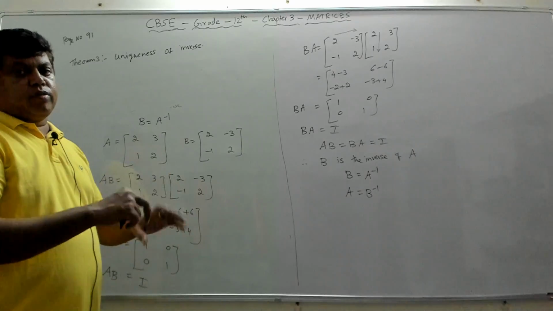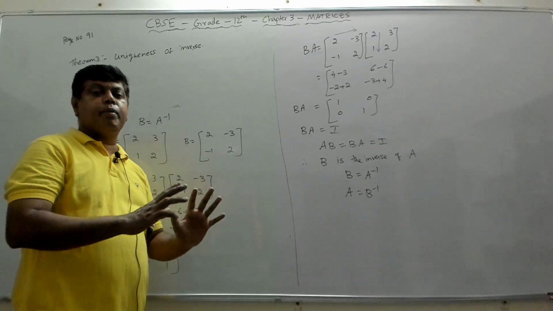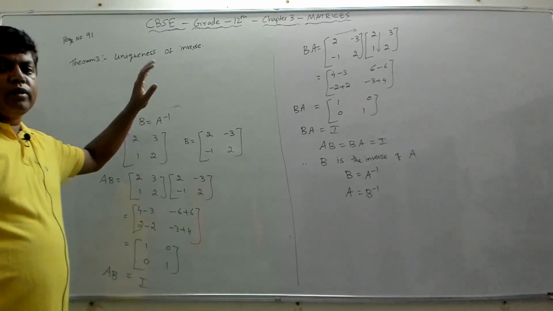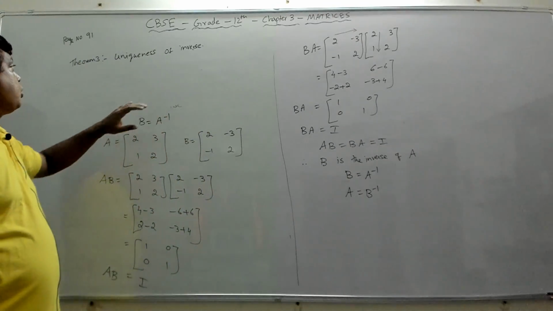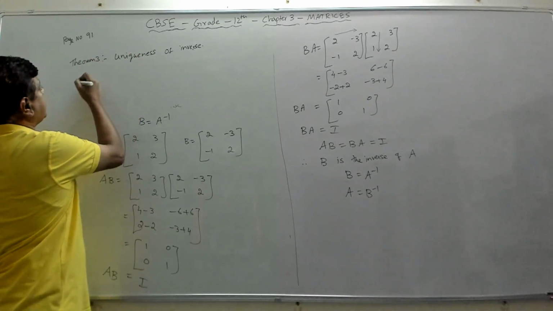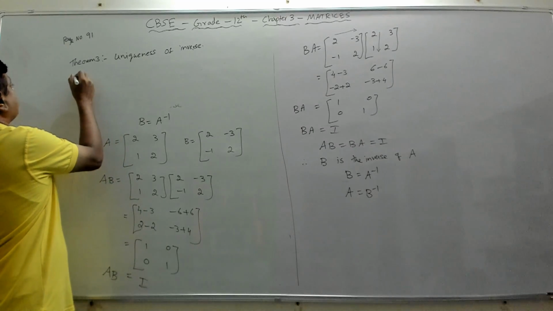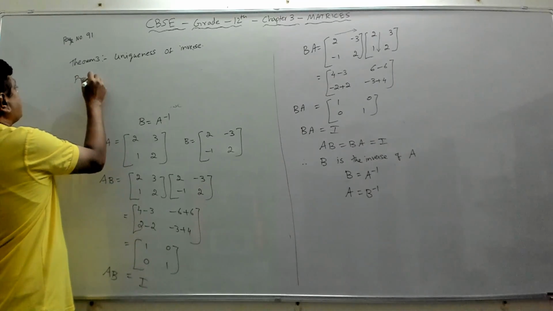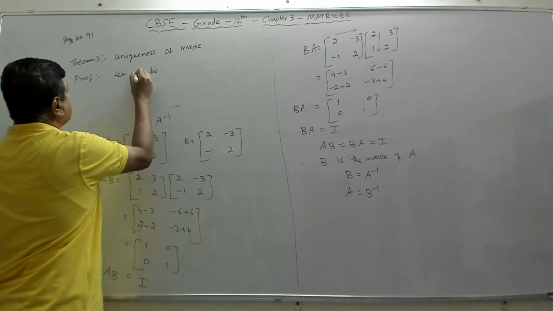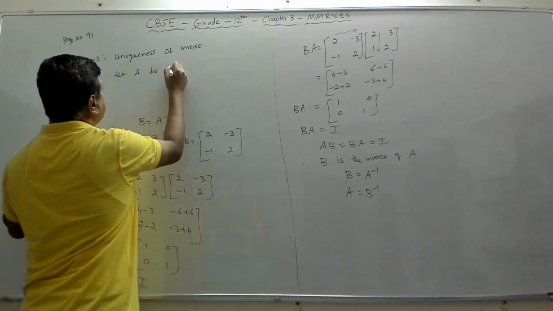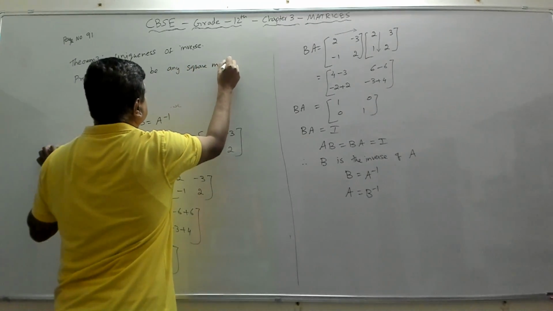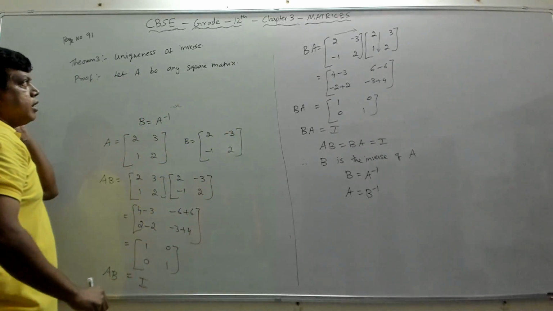Now we have to prove this, that any square matrix A will have only one inverse. That is a theorem. That is called uniqueness of inverse. So the proof for this theorem is, let A be any square matrix.